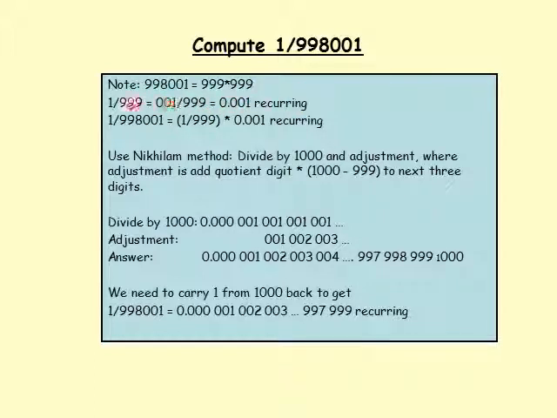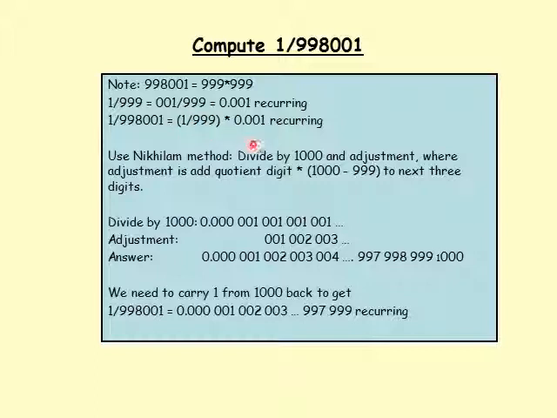So 1 divided by 999 is 0.001 forever. But we're trying to do 1 over 998,001, which means I divide 1 over 999 again by 999.